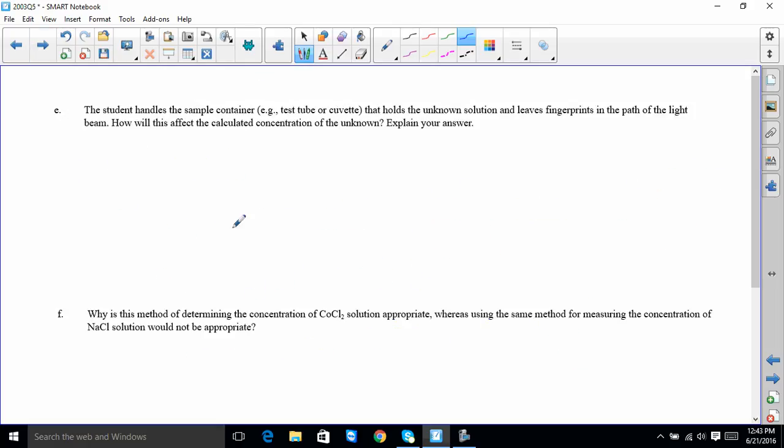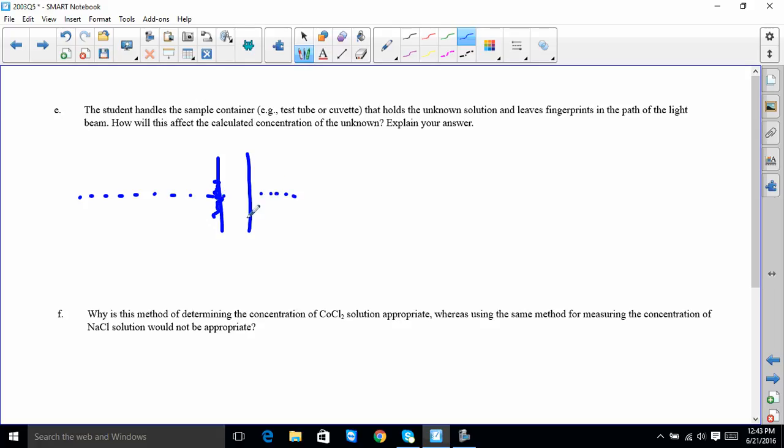E, a student handles the sample container and holds the unknown solution and leaves a fingerprint in the path of the light. How would this affect the calculated concentration? So here's the deal. You don't wipe this off with Kleenex or whatever, and you get your big oily fingerprint here. Well, in comes the light and it doesn't get through.